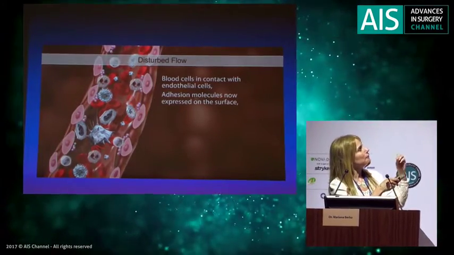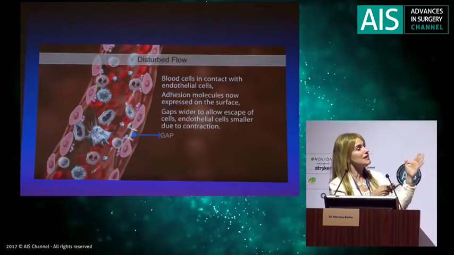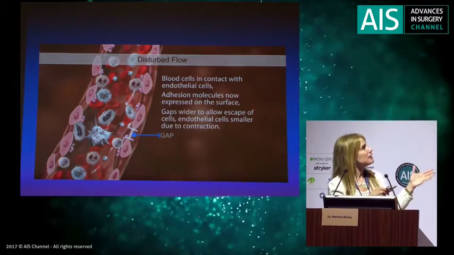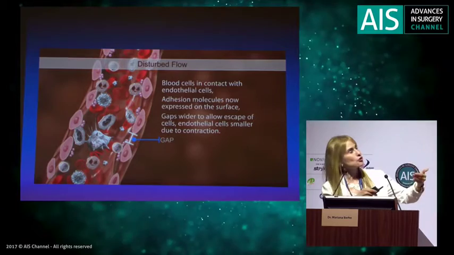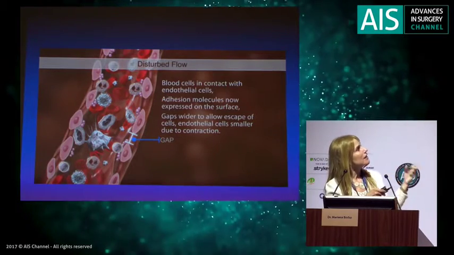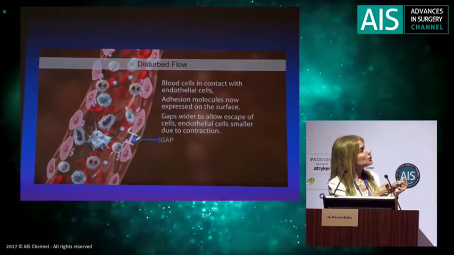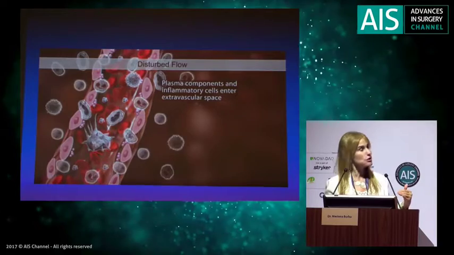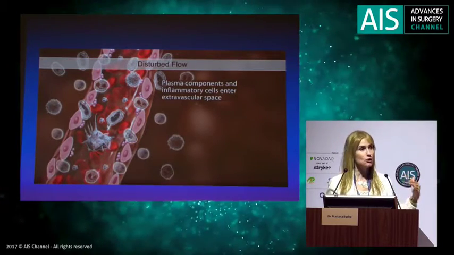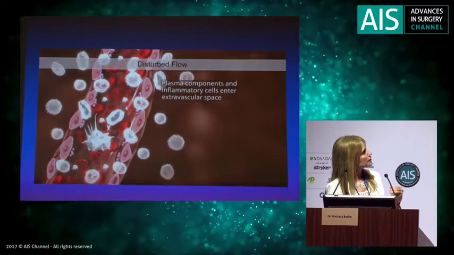Because that contact between the blood cells and the endothelial cell is going to start the efflux of all the cells in the blood vessel to the extracellular matrix. The endothelial cells also contract, and the gap between them becomes bigger and allows all of those cells to come out. We absolutely need to have this before we can start the wound healing process.